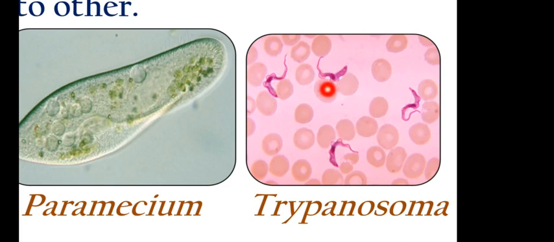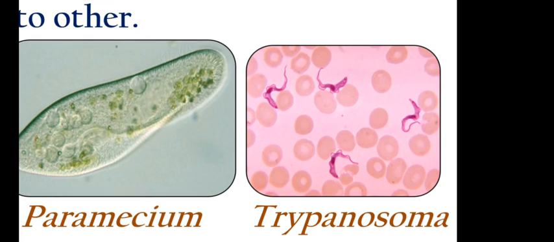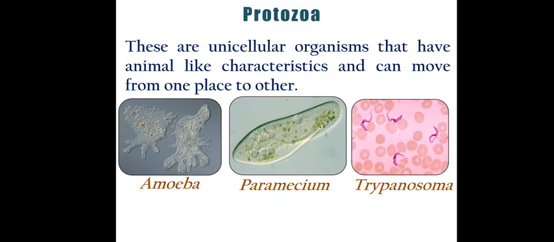So this blood sample has trypanosoma. Trypanosoma causes disease, which is why it is pathogenic in nature. Similarly, if you remember the malarial parasite, Plasmodium vivax, it also comes under this category of protozoa. So remember this.